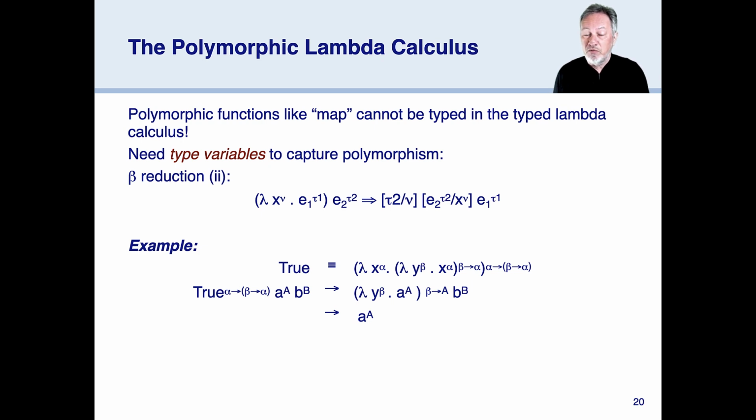But first, or after we do that, we want to bind the type nu, which is a generic type, a type variable, to the concrete type tau 2. And that's why on the right-hand side of the arrow here, we see a substitution not only of e2 for x, but also a substitution of the type tau 2, our concrete type, for the type variable nu.